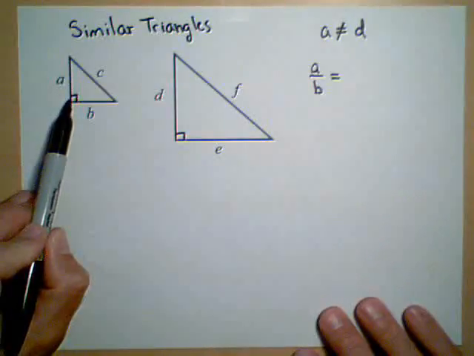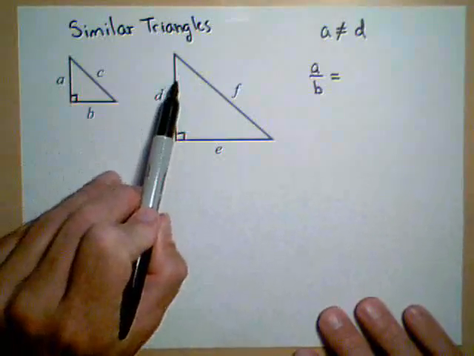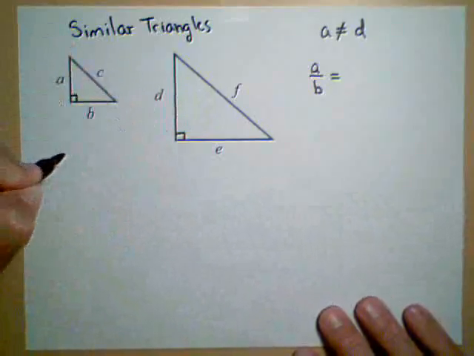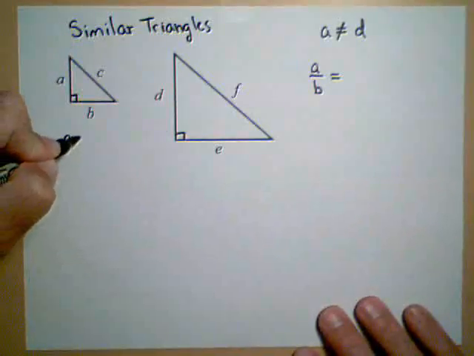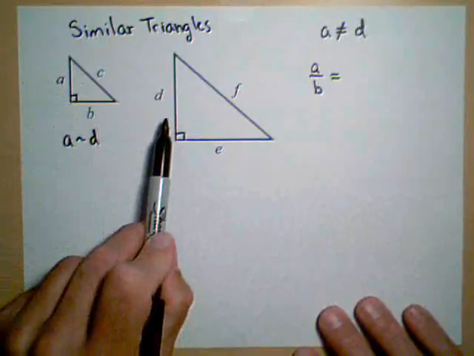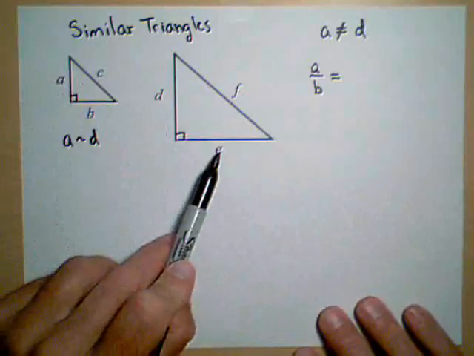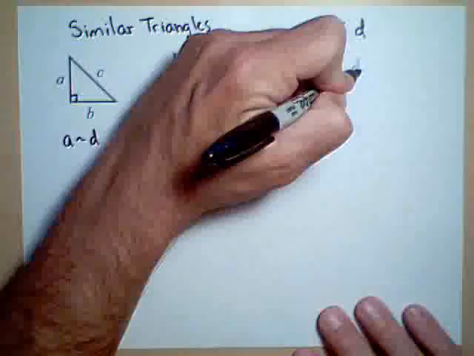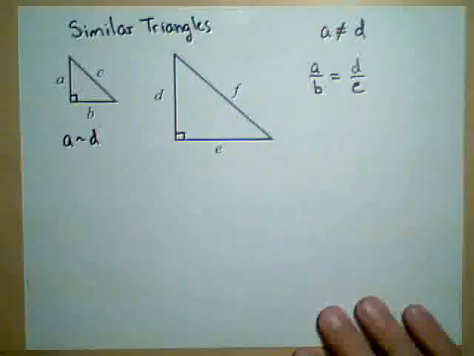The side A corresponds to the side D in the bigger triangle. Sometimes you'll see this notation: A corresponds to D. So that means, and side B corresponds to E. So A over B is going to be equal to D over E. And that's a nice property of similar triangles.